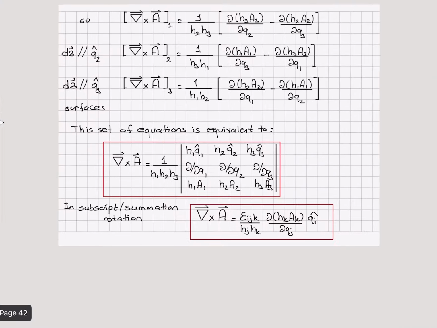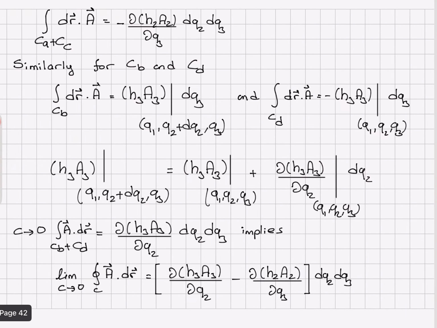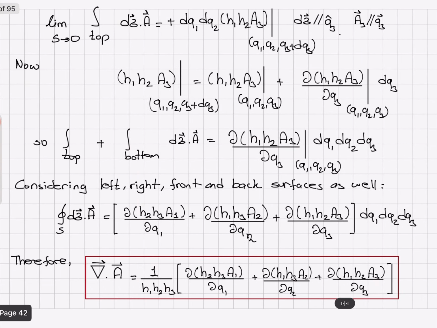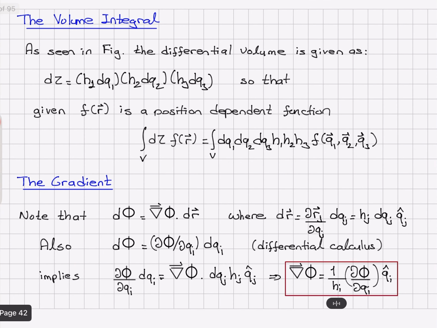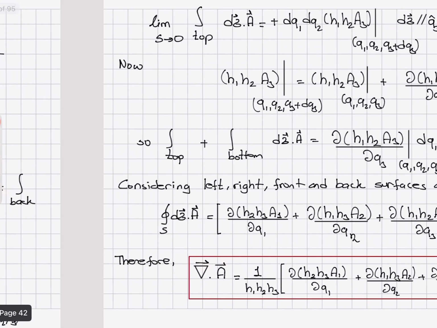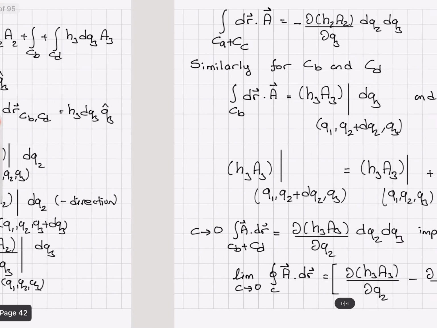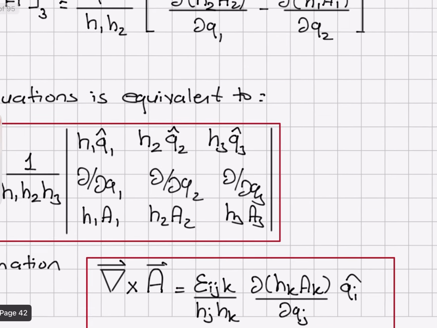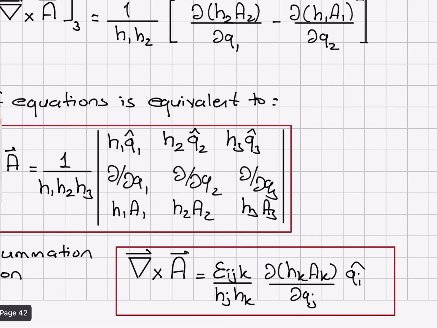Okay. So the gradient operator in curvilinear coordinates was given by this: 1 over Hi ∂/∂Qi in Qi hat direction. Here we're taking the ith component.